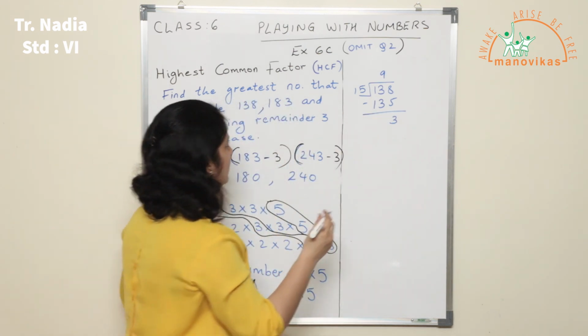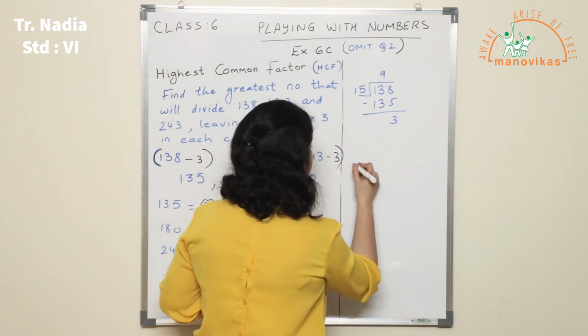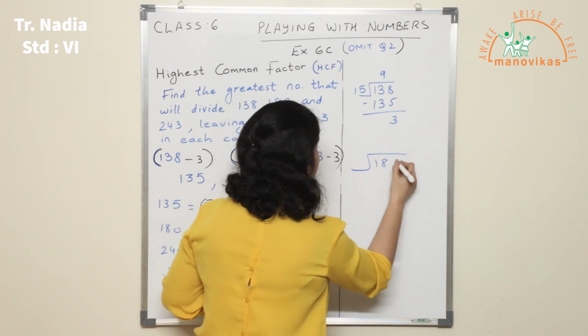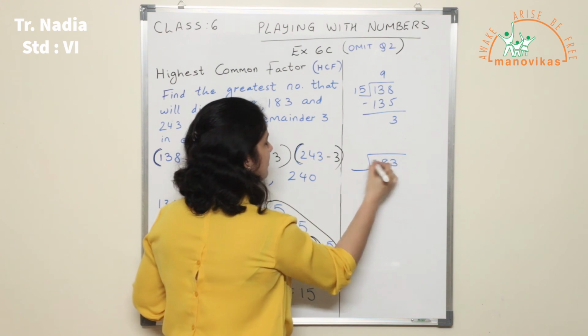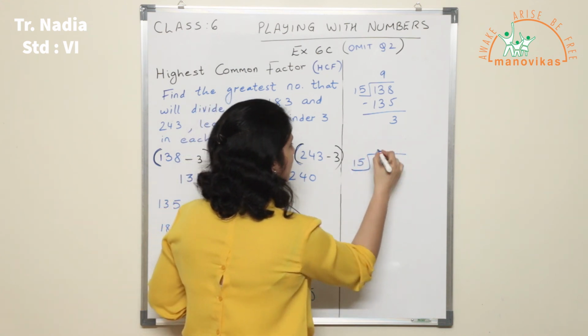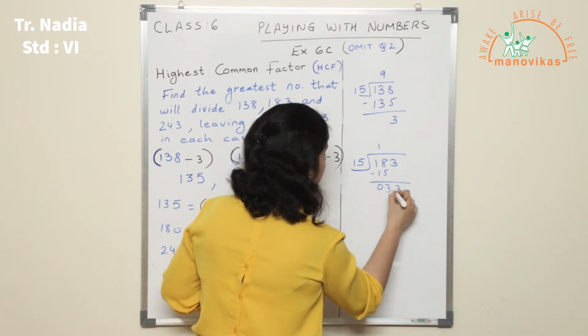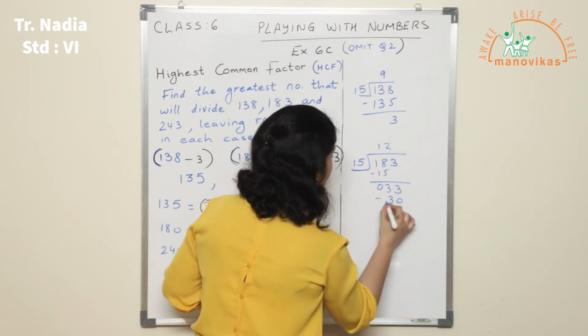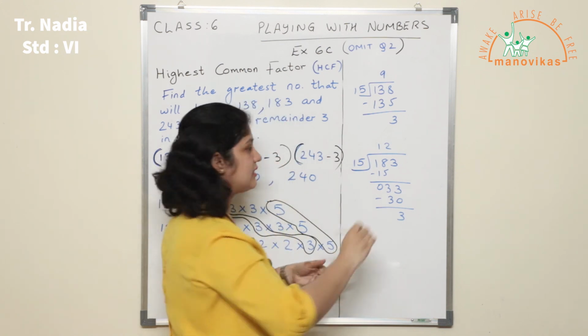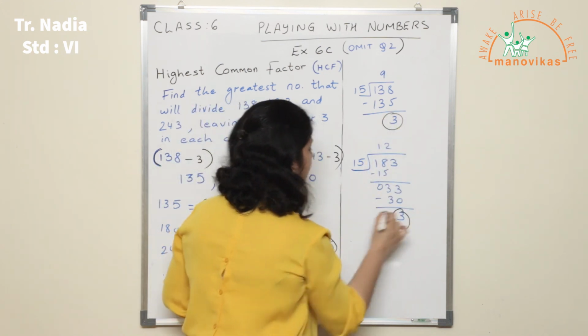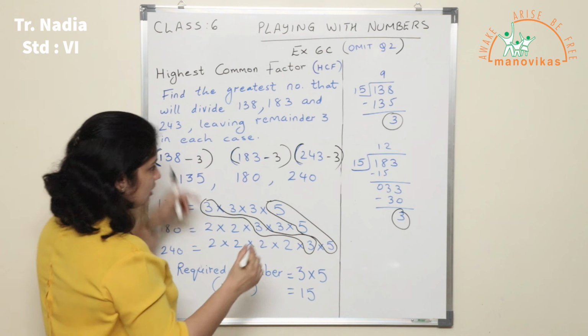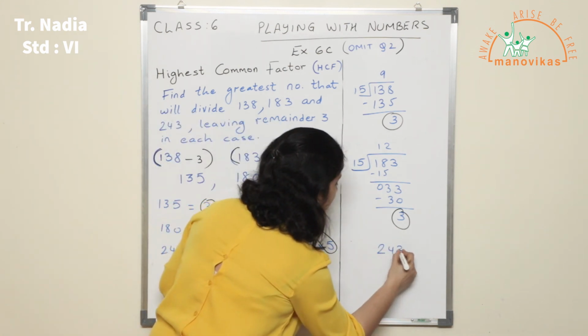Then let us try 183. Let us try dividing the original number 183 by 15. We know 15 ones are 15. 15 twos are 30. Again here I got a remainder 3. So can you all see, children, everywhere I am getting this remainder 3. Then the original number here was 243.